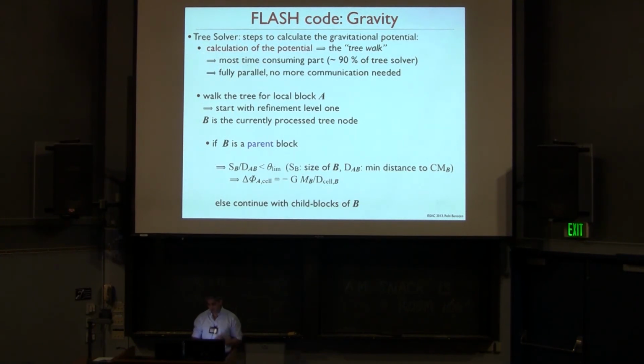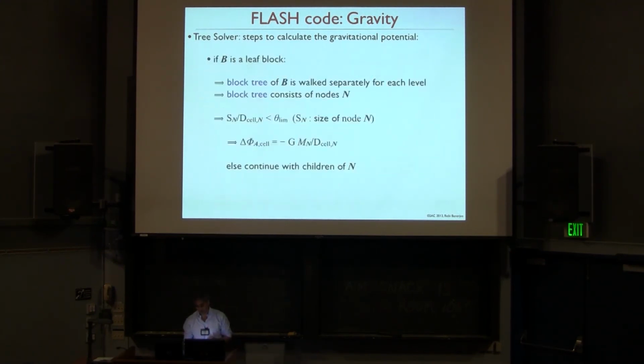So this is done. Here's an example for what is called the parent block. You compare the size of the parent block with the distance, always choosing the minimum distance of a given block, and then add the contribution from the cell of the parent block to the gravitational potential of the cell of the block you are considering.